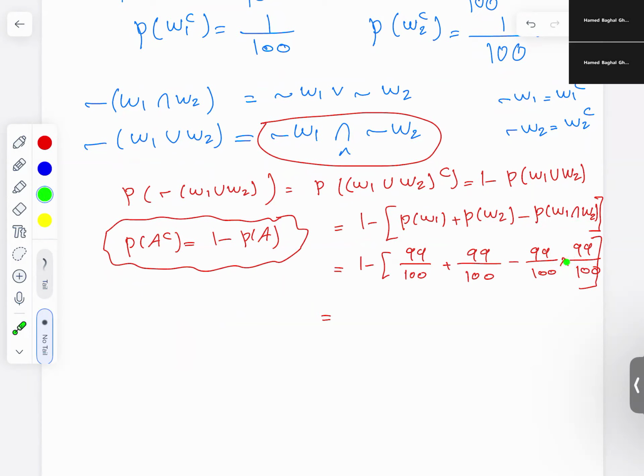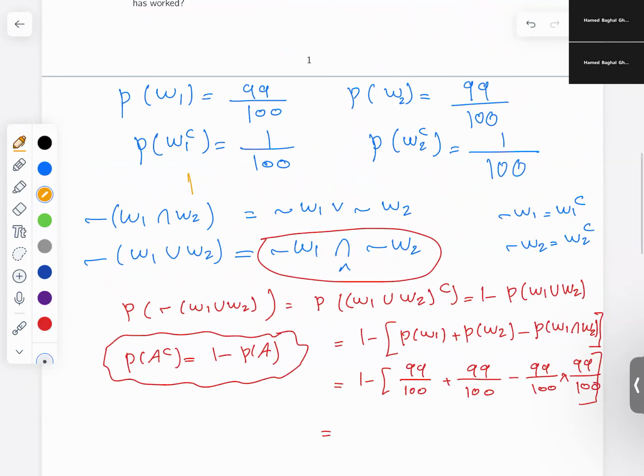What's your idea, Nian? Because they are independent. Yeah, so let me complete this one. Since they are independent, the probability of W1 intersection W2 is equal to W1 times W2. Do you understand this one?